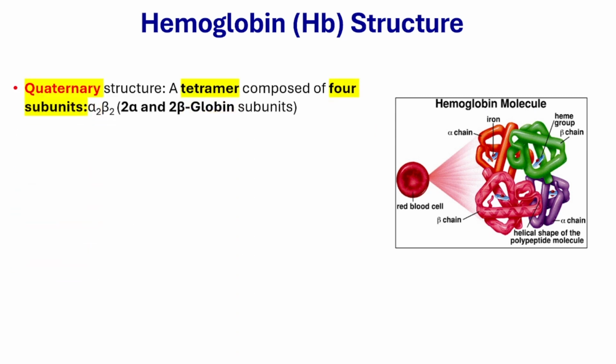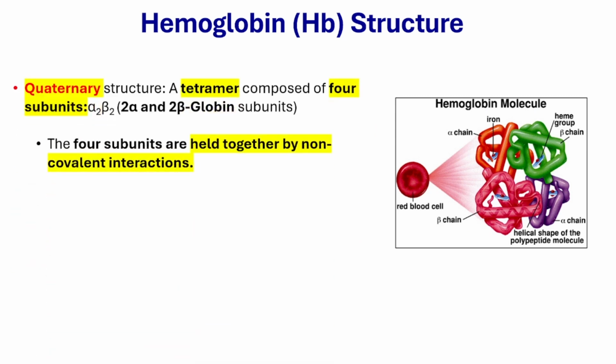For the hemoglobin, this is what we said last Monday. We said that it is a tetramer because it is composed of 4 subunits, 2 alpha and 2 beta, and each of these subunits has its own tertiary structure. These 4 subunits are assembled through non-covalent bonds and form a quaternary structure, okay?